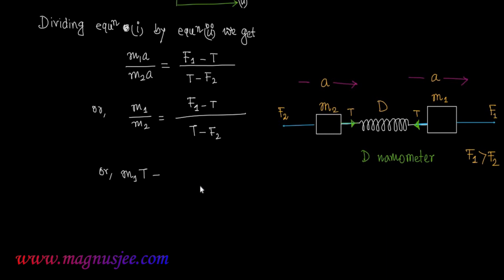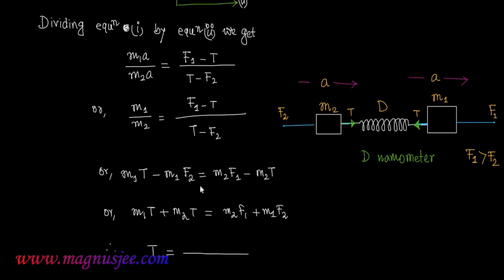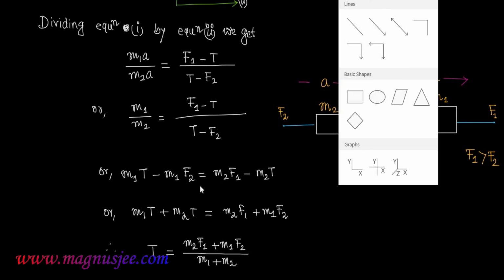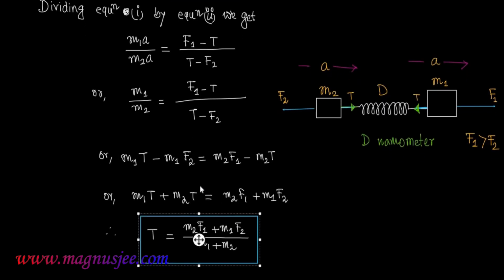Or, M1T minus M1F2 is equal to M2F1 minus M2T, or M1T plus M2T is equal to M2F1 plus M1F2. Therefore, T is equal to M2F1 plus M1F2 divided by M1 plus M2.